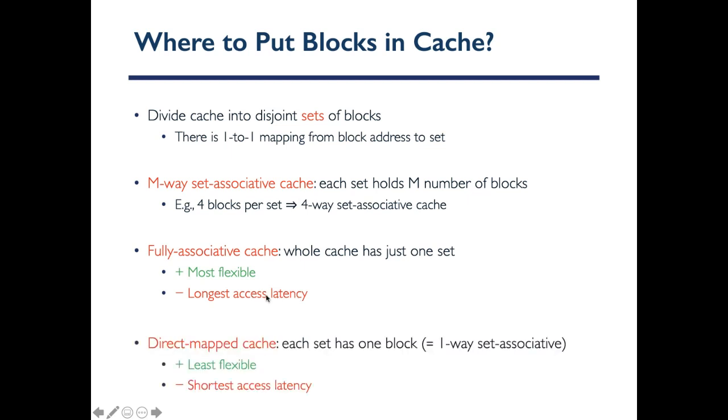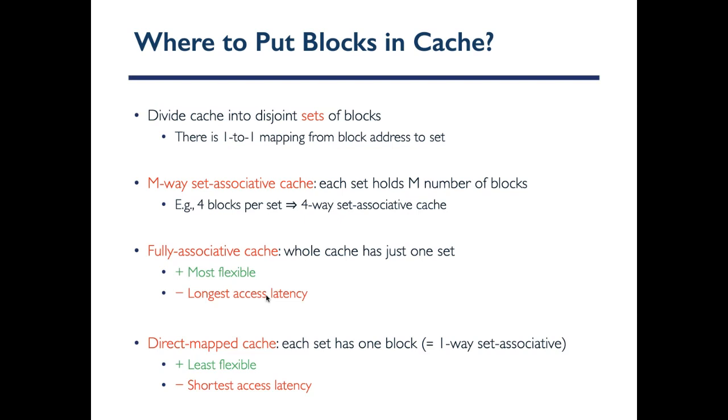You could go to the other side of the extreme. You can have sets with only one block. So that would be one-way set associative. So each set only has one block. This has its own name. We call it a direct mapped cache. And that basically means that every block in memory can only go in one particular location, one particular block in the cache.